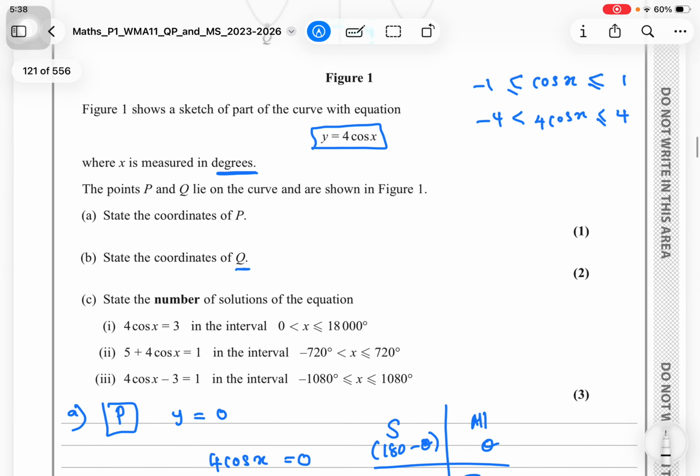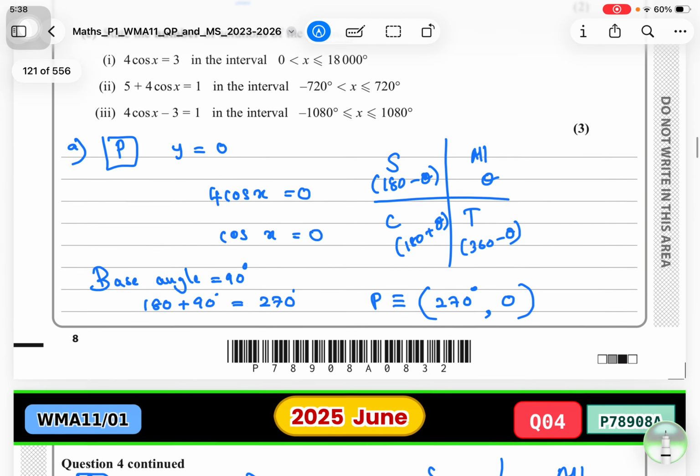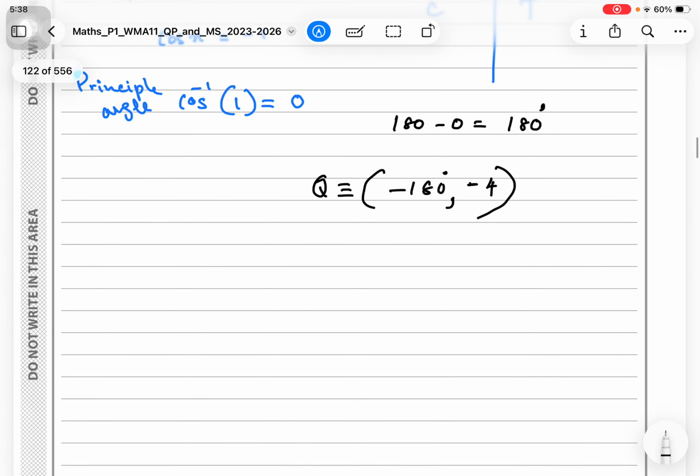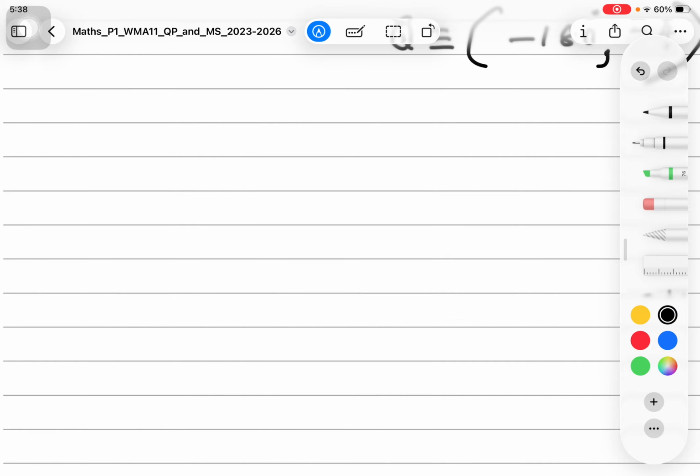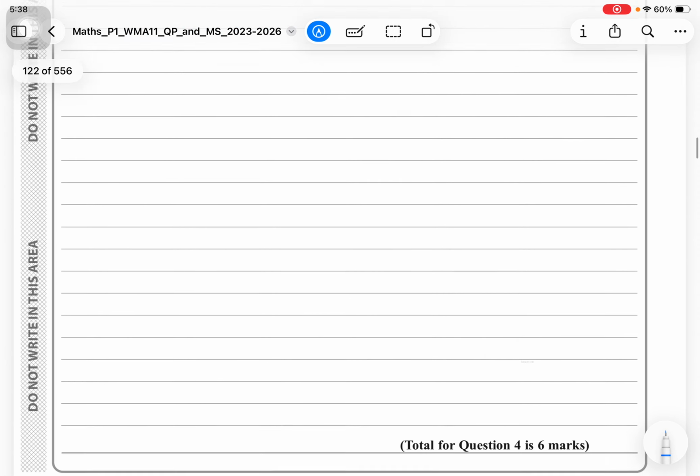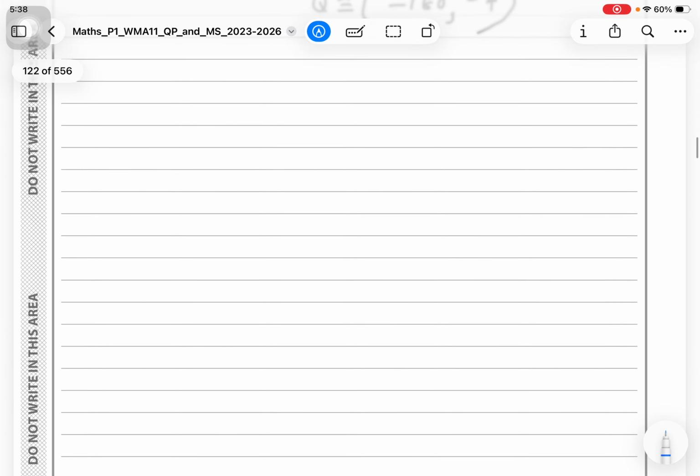For part C, what they're asking is 4 cos x equals 3. If we forget about the remaining work, for part C, the first one they have said is 4 cos x equals 3. So this is our f(x).